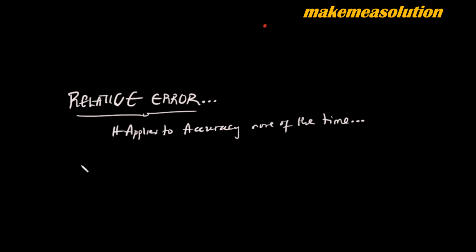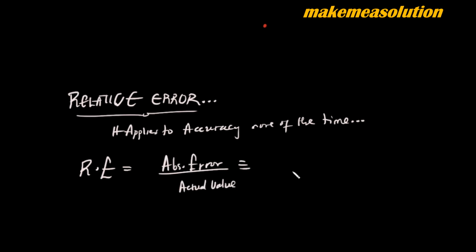The relative error for accuracy that you know is actually the one that I've defined in the earlier parts of this video, where we said relative error is equal to the absolute error divided by the actual value. In this case, we established that for this scenario, the true value of the quantity we are interested in is known.